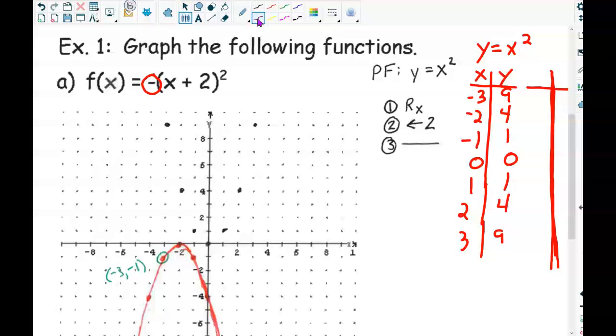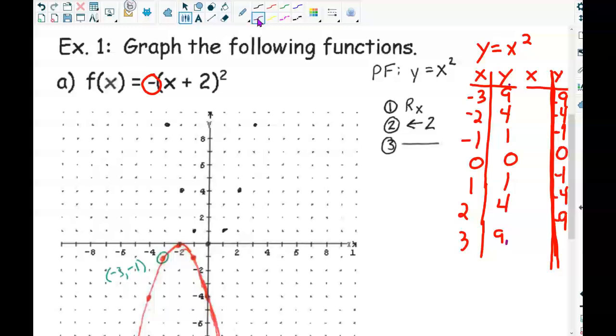Okay. So I'm reflecting across the x-axis, correct? So I'm going to take all the y values and negate every one of them. So now it's -9, -4, -1, 0 stays the same, -1, -4, -9.